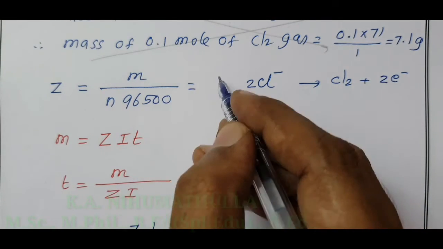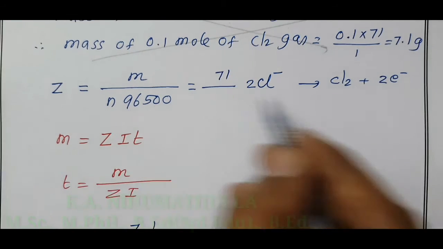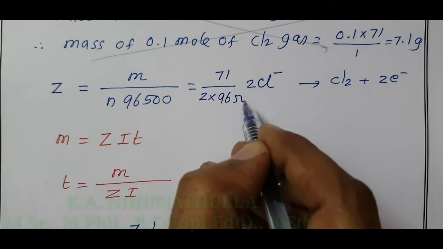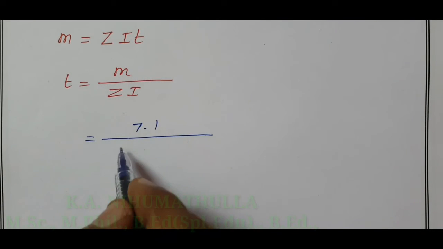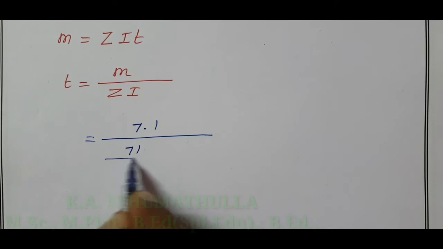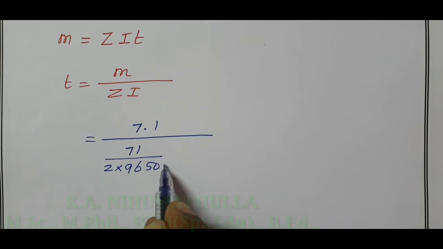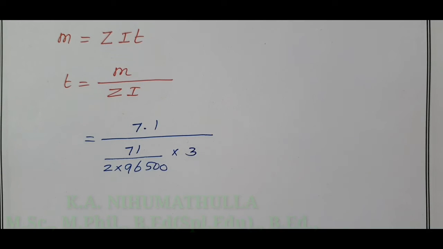Z equal to equivalent mass 71 divided by n, number of electrons involved, 2, into 96,500. Substitute this value here: 71 by 2 into 96,500 into the strength of the current, which is also given in our problem, equal to 3.